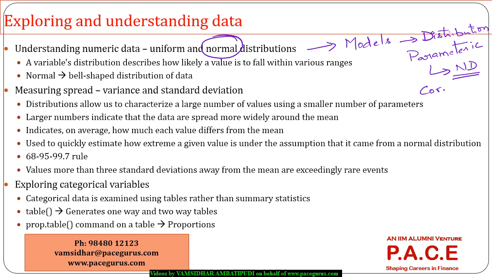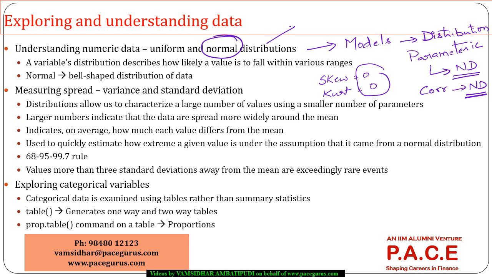If I am executing correlation on the data, it assumes that my data is following a normal distribution. So when I have to use those models on my data, I have to be very clear that the data is more or less normally distributed, which is another way of saying that the skewness should be very close to zero, and the kurtosis value also should be very close to zero to ensure that the data is normally distributed.